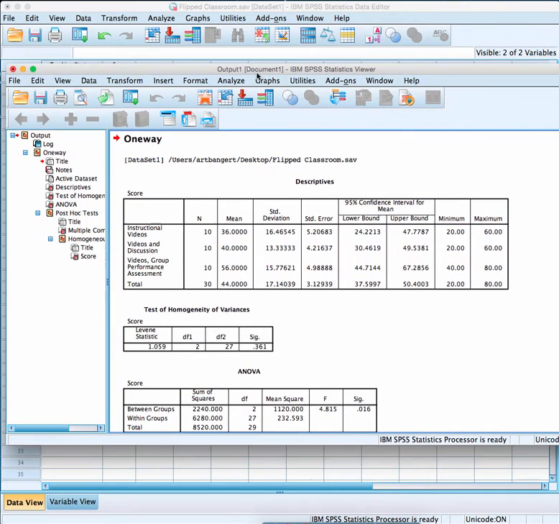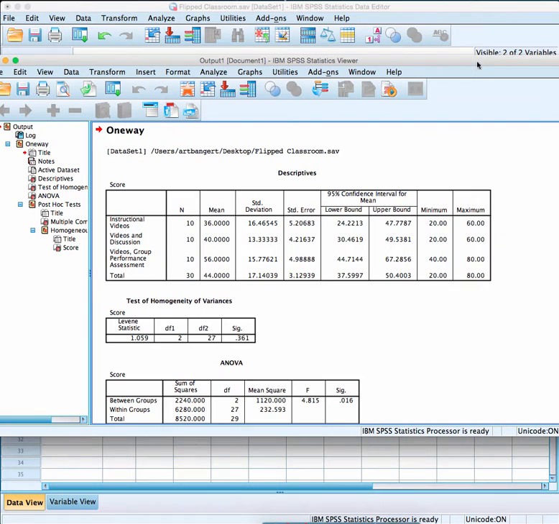And so you can see this is our output. And notice that we have the means for each group. So the instructional video group, for example, the mean final exam score for t-tests was 36 with a standard deviation of 16.465. And then you have the mean and the standard deviations for the other two groups.